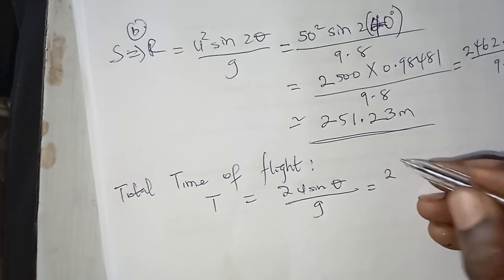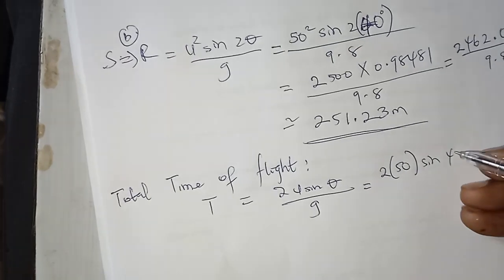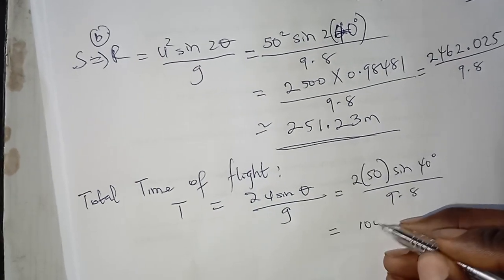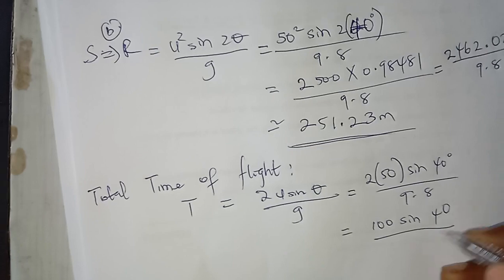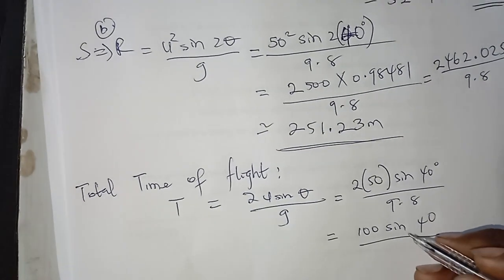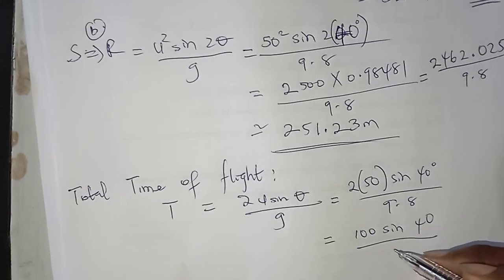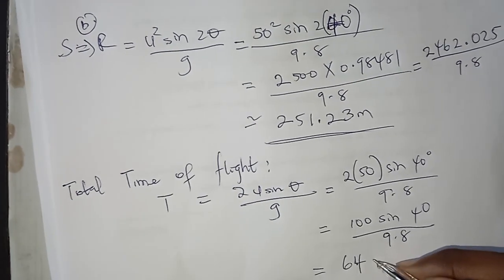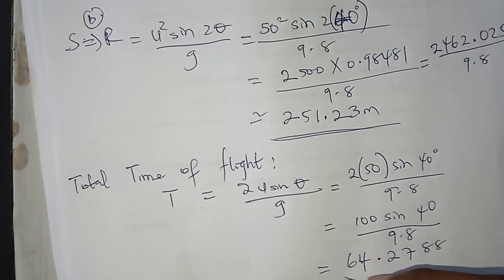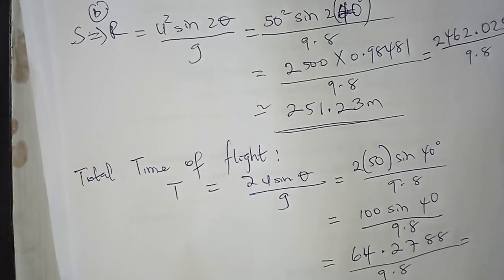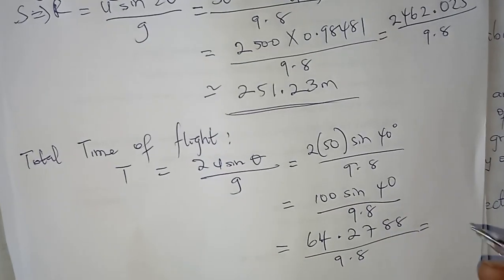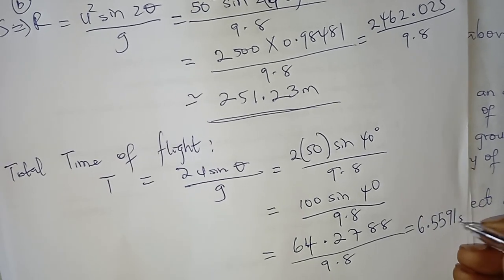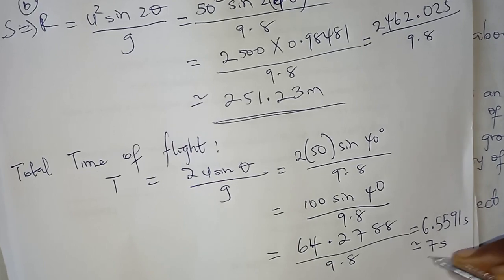So this is 2 into 50 sine 40 degrees all over 9.8, which is 100 sine 40 all over 9.8, which is equal to 64.2788 all over 9.8, which is equal to 6.5591 seconds. So this is approximately 7 seconds.